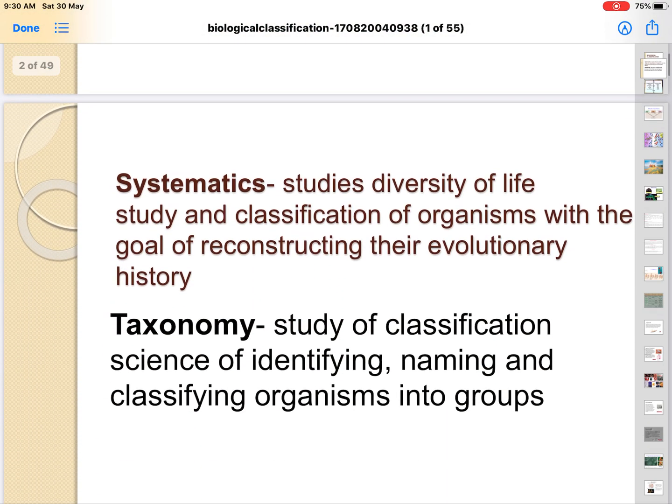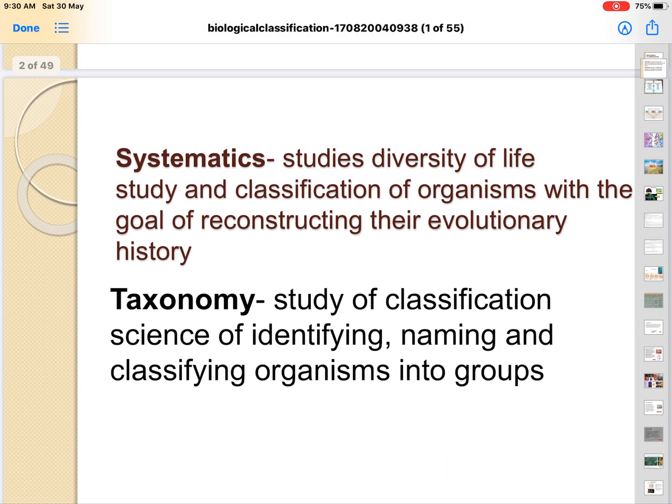As I said, in chapter 1 we studied systematics and taxonomy. You may recollect that systematics is the science that deals with diversity of organisms and their comparative and evolutionary relationships, and grouping of organisms at every level of classification, right from species to kingdom. Remember, right from species to kingdom, we made a ladder.